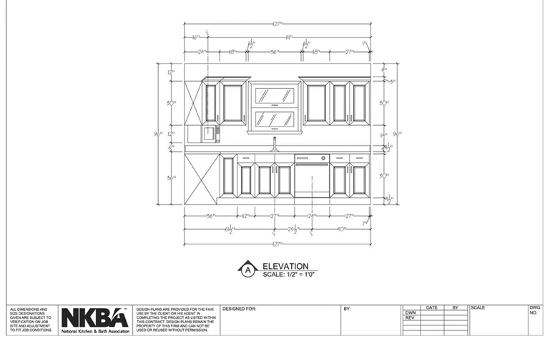Now let's take a look at the dimensions, because the dimensions are a bit more complex when it comes to elevations. We still have the 3 dimension strings, the innermost, the middle, and the outer dimension string. And some of them do not change. Again, you can see this outermost dimension still dimensions the overall length of the wall. And you'll see that the middle dimension string still dimensions the center lines to appliances and fixtures.